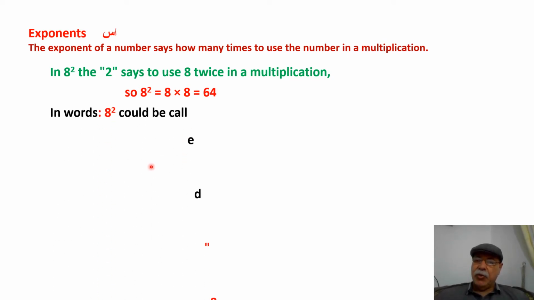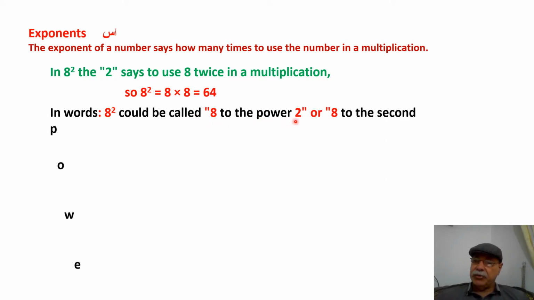So 8 square could be called 8 to the power 2. I can read it in many ways: 8 to the power 2, or 8 square, or 8 to the second power, or simply 8 square.